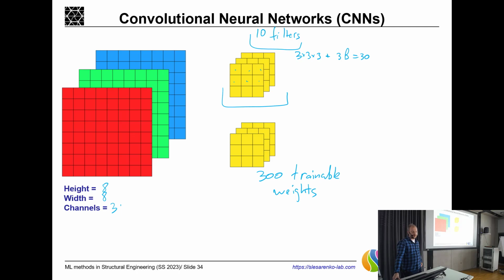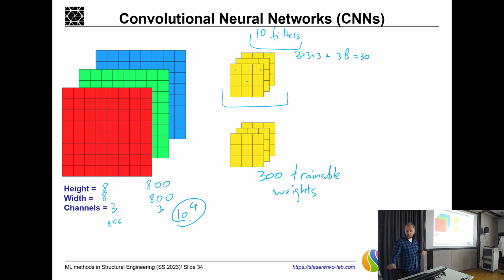And now my question is, okay, so for 8 by 8 by 3, we have 300 trainable weights. That's quite good, because in total we have 256 pixels right here. Now I'm asking you, what will happen if my image is not 8 by 8? Right now it's a ridiculously small image. I would like to have a much larger image with 3 channels, so I increase the size of my image by a factor of basically 10,000.